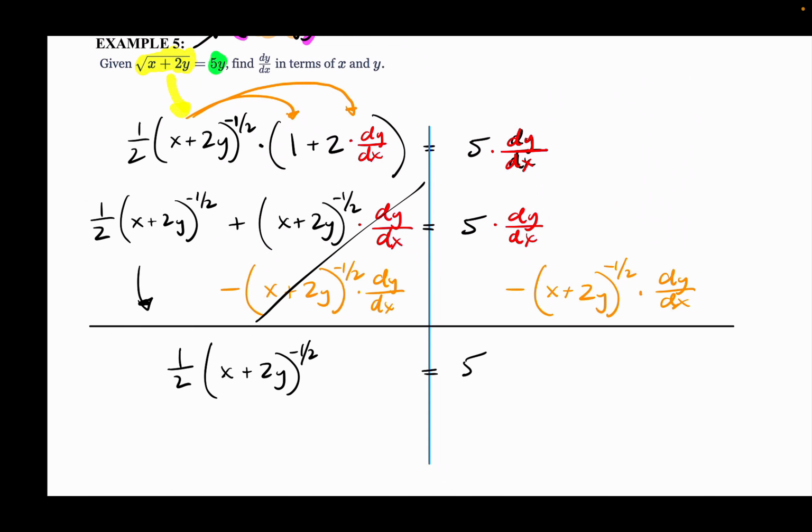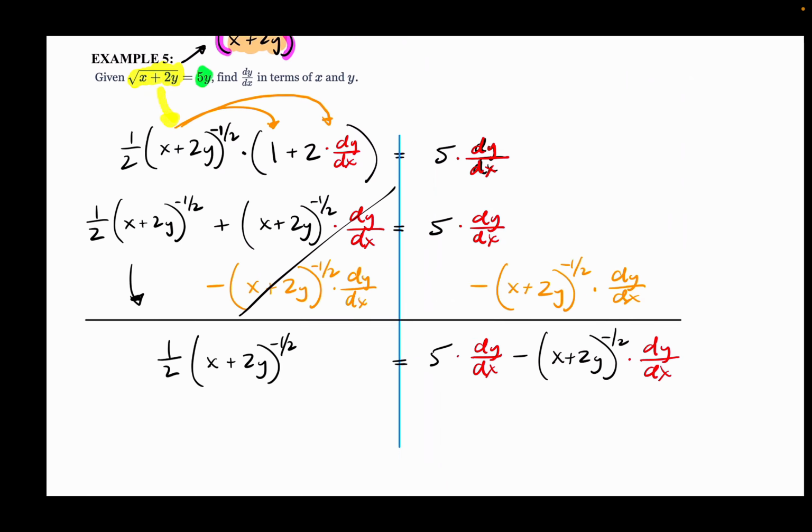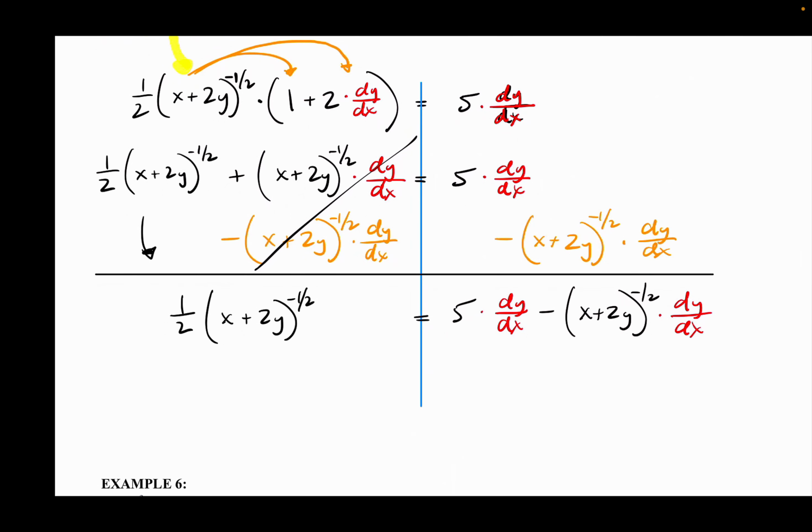Then I have a 5 dy dx minus dy dx. How do you get dy dx out of the equation? Factor out dy dx, divide, you're done. Oops, forgot to put a 1 in over here, -1.